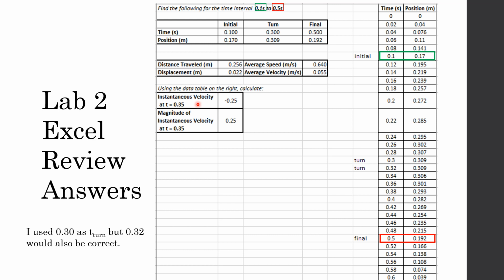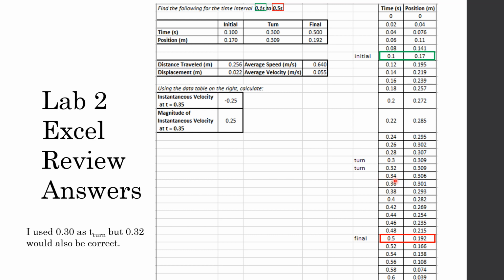And essentially do what you would do for a graph, but instead of drawing the tangent line, you would use the points on either side of your desired t instantaneous. Okay, so in this case, we want to know what the instantaneous velocity is at 0.35. So that's going to be this point here.